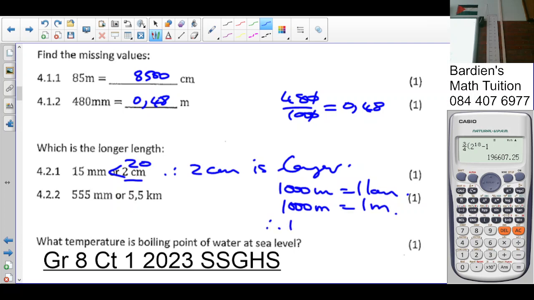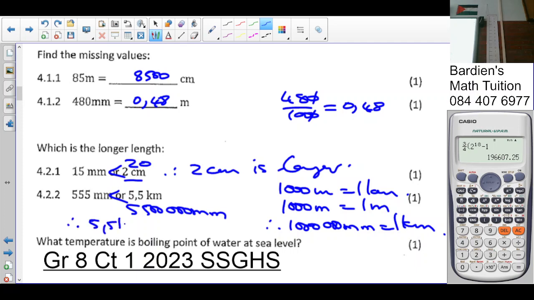So therefore there's 1,000 times 1,000, which is a million millimeters equals 1 kilometer. So in other words, this is going to be 5,500,000 millimeters. So which one is larger? Of course that one is larger. So therefore 5,5 kilometers is longer. Okay, is it larger? It would be longer. Will you guys understand?